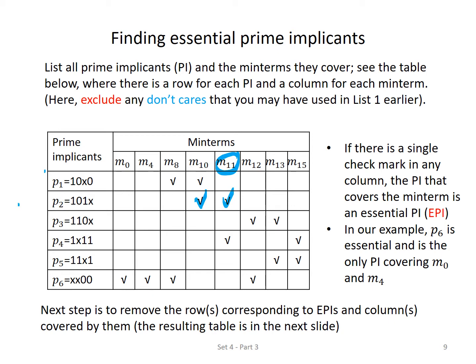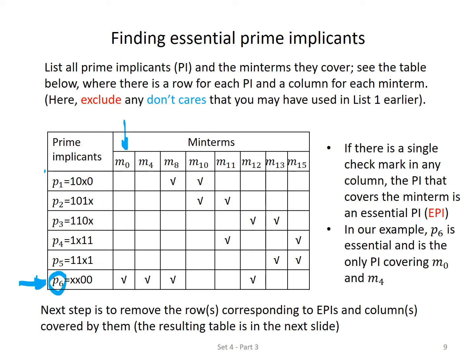Once all the check marks are placed, then we scan the table column wise and see whether there's any column that has a single check mark only. And that is the case for this column, and the corresponding prime implicant is P6.